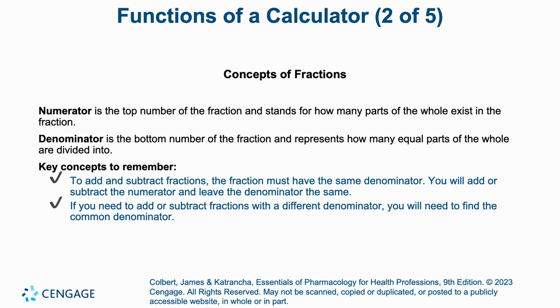So you would say, I'm going to multiply the fraction to get a bottom number of 20. So 4 times 5 equals 20. So you would have 5/20. So 1/4 equals 5/20. And then you would have 4/20, which is 1/5. So then you could subtract or add those top numbers, leaving that denominator the same.